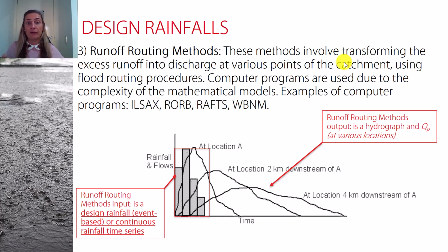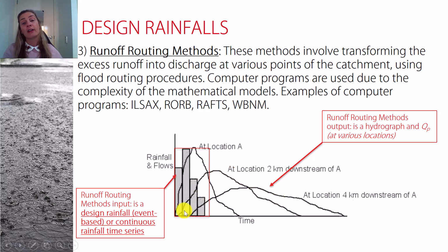Because of the complexity of the formulations used, we need to rely on computer programs which have this formulation all included in the coding. Some common examples of computer programs used in Australia are these ones. RORB is probably the most common one used in industry in Australia. The runoff routing methods use either a rainfall event or continuous rainfall records as input, and if we have a single rainfall event as input, the output is a single hydrograph.